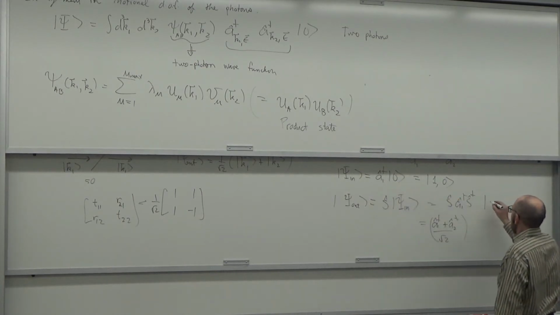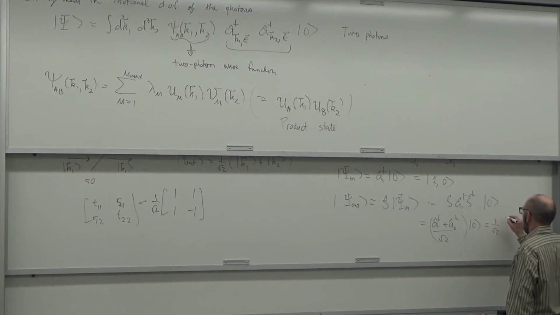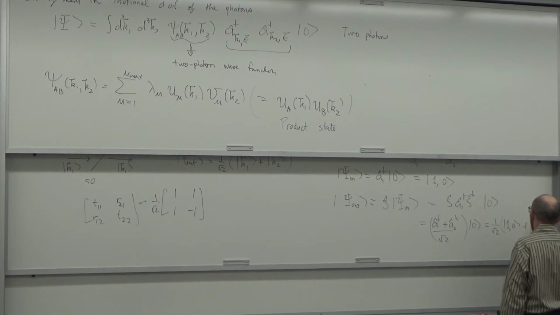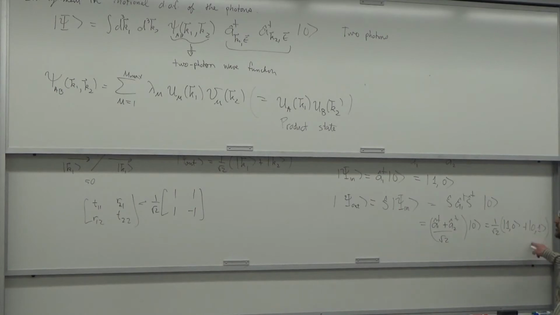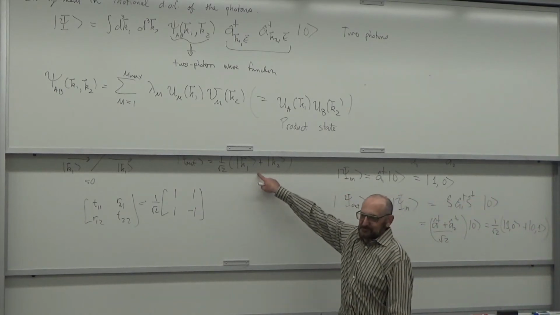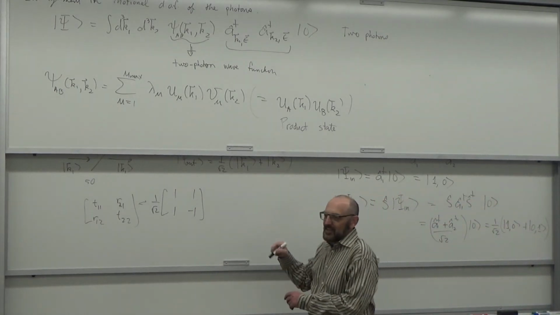That's it, vacuum. Which is 1 over root 2, 1 photon in mode 1 and 0 in mode 2, plus 0 photons in mode 1 and 1 photon in mode 2. That's really a fancy way of saying this in first quantized form.